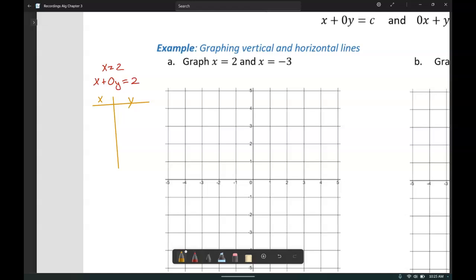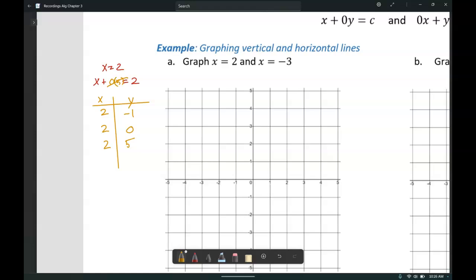Let's say y was negative 1. Well, when we evaluate y as negative 1, 0 times negative 1 is 0, x is 2. Well, what if we set y to be 0? 0 times 0 is 0, x is 2. If y equals 5, 0 times 5 is 0, x is 2.